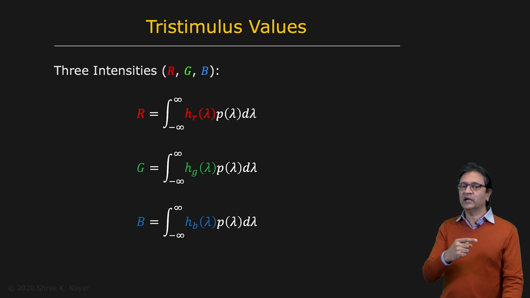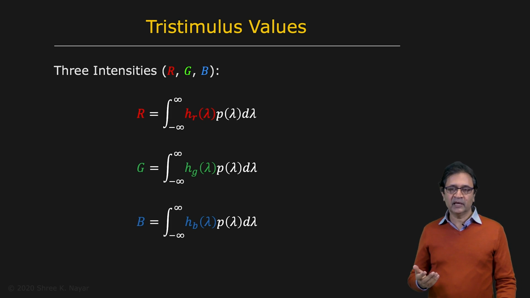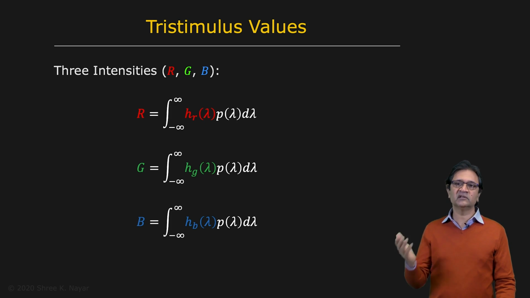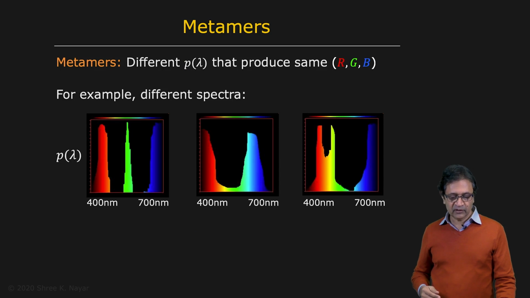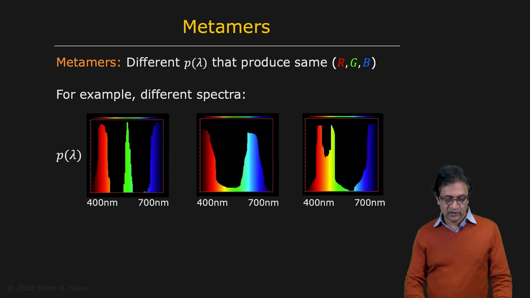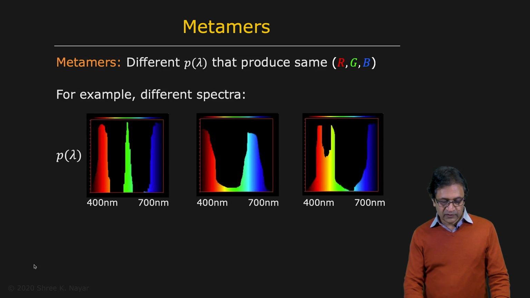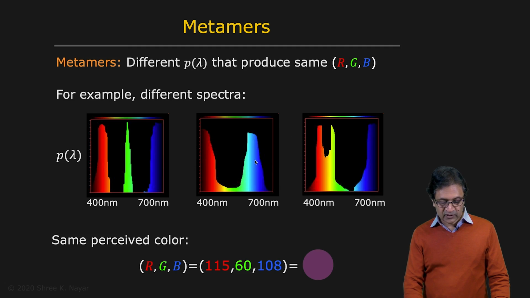And so that brings us back to the old problem, which is that there are multiple P lambdas. There's an entire continuum of P lambdas that actually generate the same RGB values. And these are called metamers. So here you're seeing significantly different P lambdas, which actually produce the same RGB values in the eye. In fact, the values that they produce are roughly 115, 60, and 108.